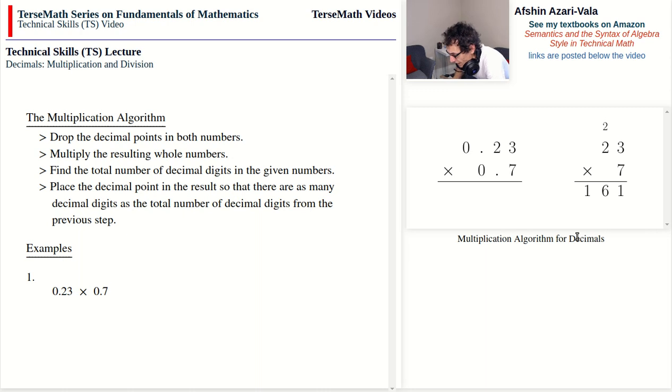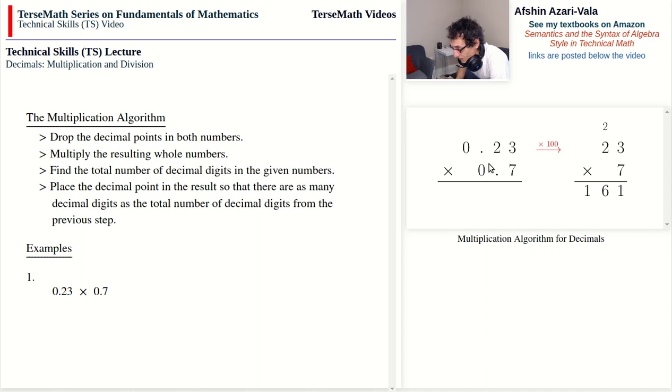Now, to explain how it works, let's take a look at the top number. In going from 0.23 to 23, we have made the number 100 times larger. This is because the move is the same as taking the decimal point from where it is and moving it forward over 2 digits, and that gives me 23.